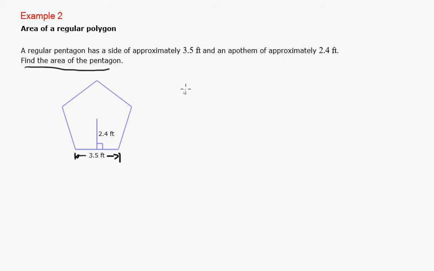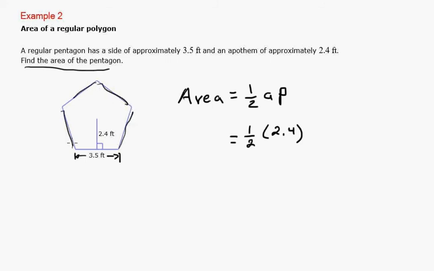So our formula, if you remember it, is area equals 1/2 the apothem times the perimeter. So that's 1/2, and they're giving us the apothem of 2.4. Now, what's the perimeter? Well, it's this distance plus this distance plus this distance plus this distance plus this distance. So 1, 2, 3, 4, 5.